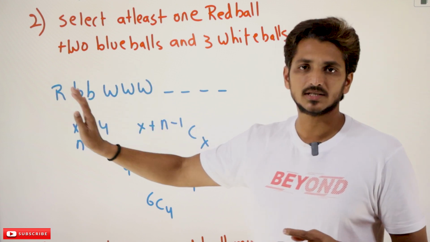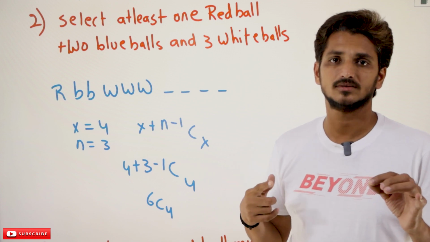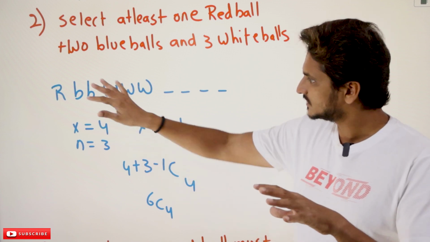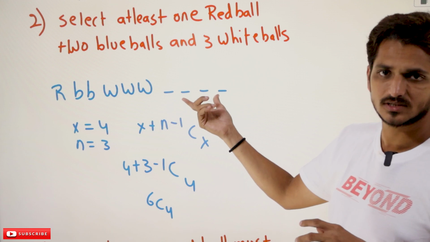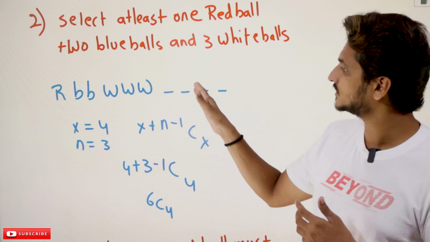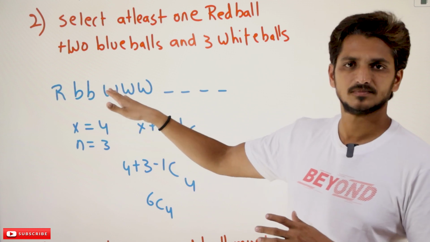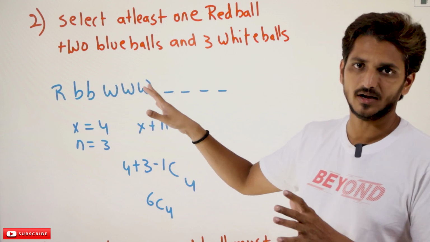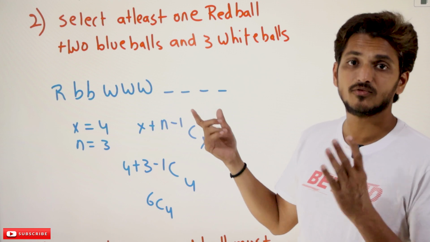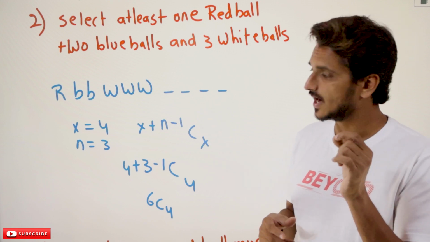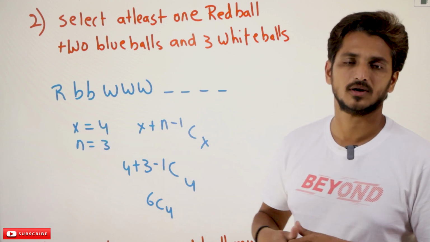These are the minimum selections in all our cases. At least means select them. What are the remaining selections? You have the option to select the remaining 4. 6 selections are guaranteed. These are the guaranteed ones we needed. Remaining selections are 4 selections. So our x value is 4.